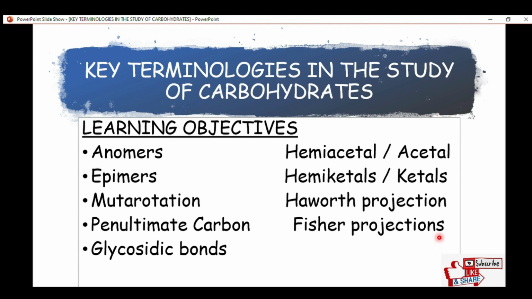I don't know if you studied Fischer projection in organic chemistry, but if you haven't, we are going to learn it here, so you'll be able to get it very well.